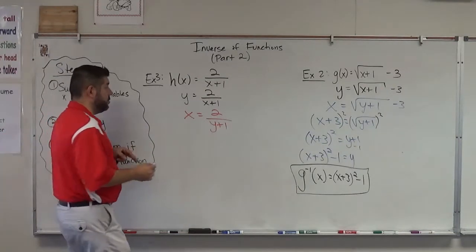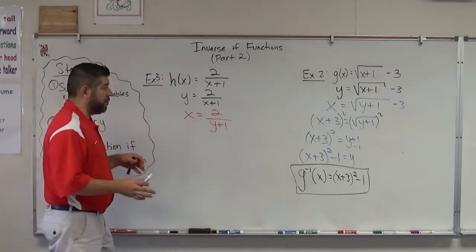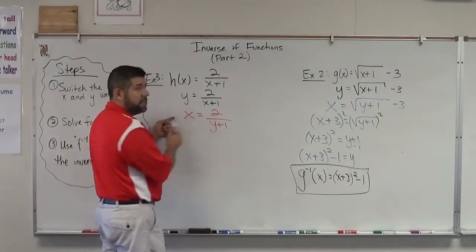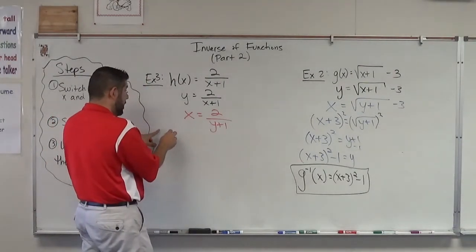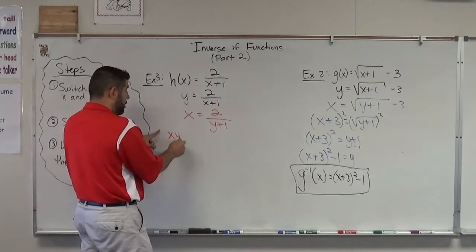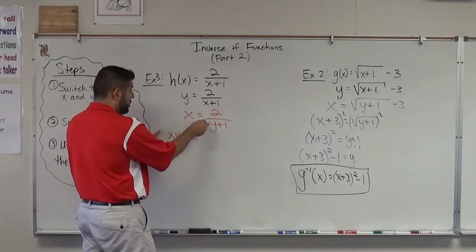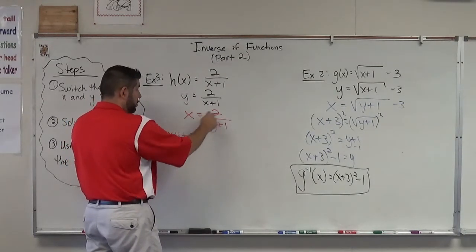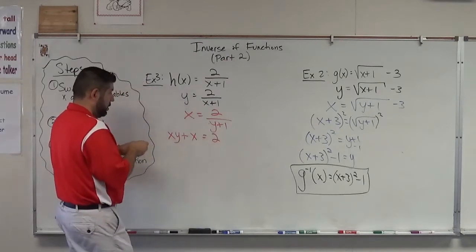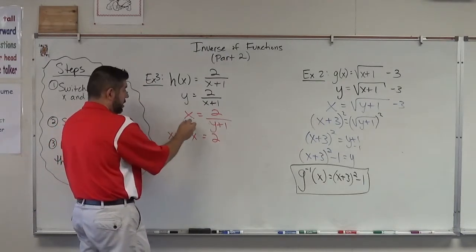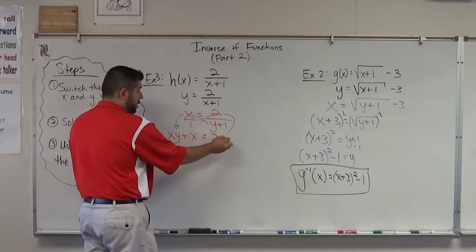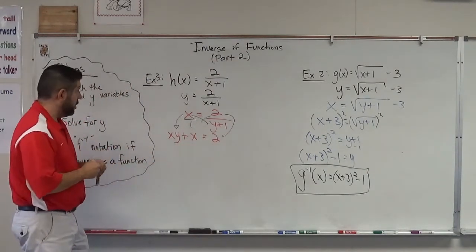Solve for y now. So this is kind of a little tricky to solve for y. I'm going to multiply both sides by the denominator, okay? So I'm going to get xy plus x, because I multiplied this way, equals 2. So again, I pretty much cross multiplied, got that, cross multiplied, and got that. Okay?